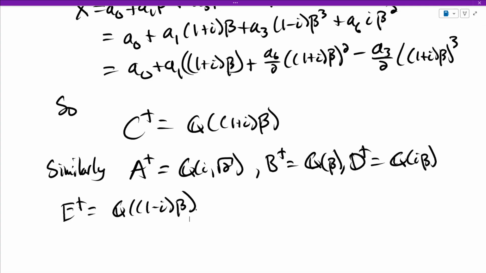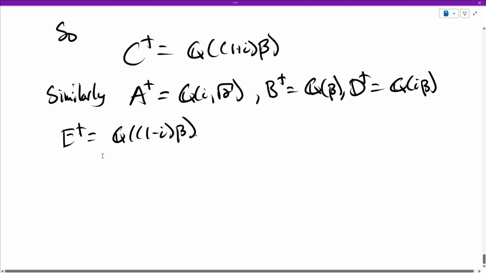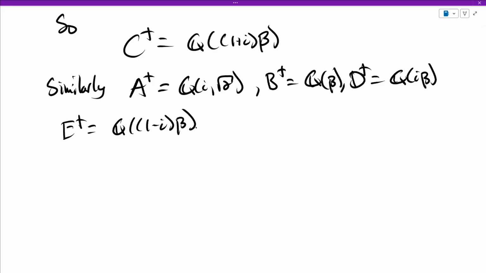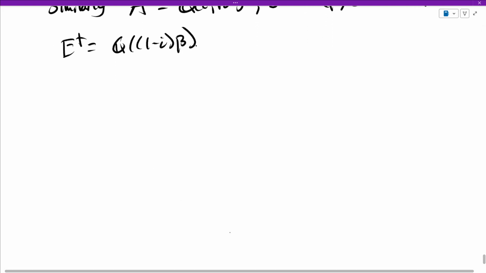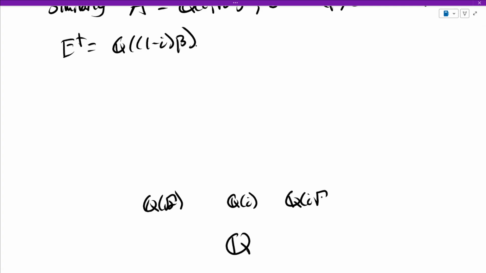All right, so let's recreate our intermediate field lattice now with all of the intermediate fields figured out. So here's our subfield lattice. We have Q at the bottom, and then we have Q adjoin root 2, Q adjoin i, and Q adjoin i root 2.